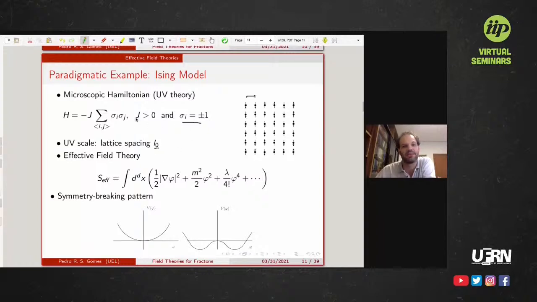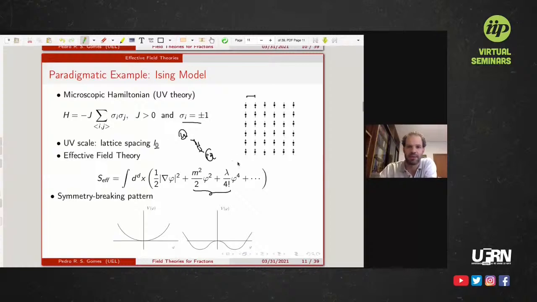And in this case, we can proceed straightforwardly from the UV to the infrared to derive the effective field theory. So the effective field theory is given in terms of a real scalar field with a potential that carries the symmetry breaking pattern, right? And it describes two phases, which correspond to the order and disorder phases of the Ising model. So this is a typical example of top-down approach. We can start from the UV and get the infrared theory in more or less a systematic way.